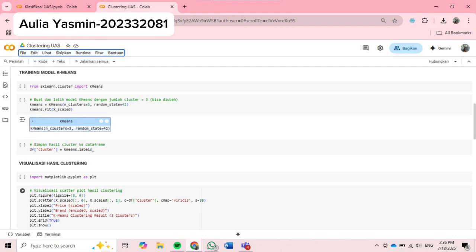The K-means model works by randomly initializing 3 cluster centers, assigning each product to the nearest center based on distance, updating the center based on current group members, and repeating the process until the positions stabilize. After fitting the model, I saved the resulting cluster labels to the data frame for visualization and analysis.